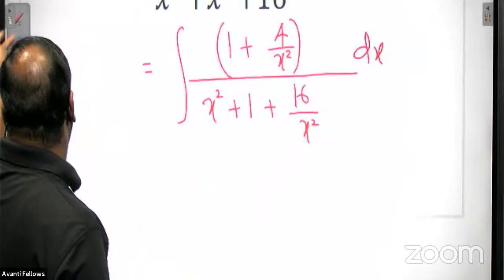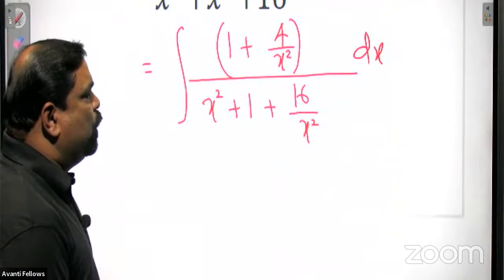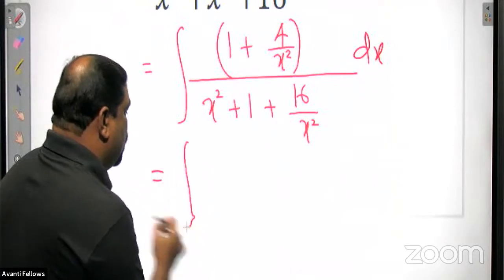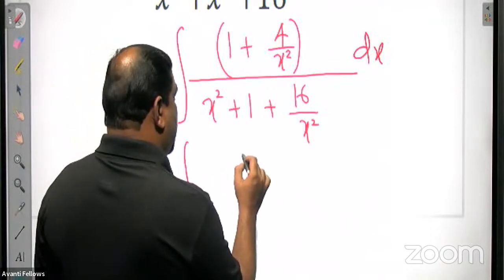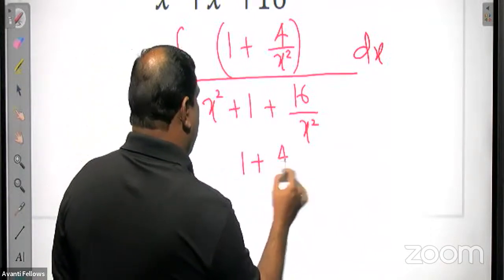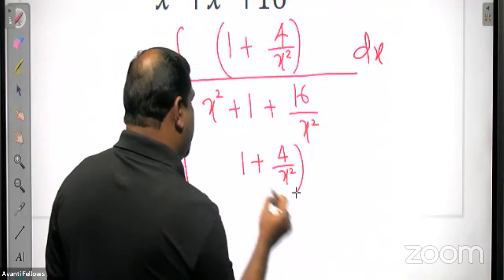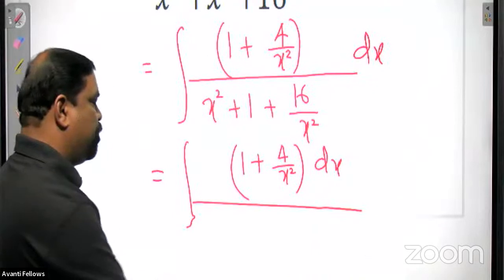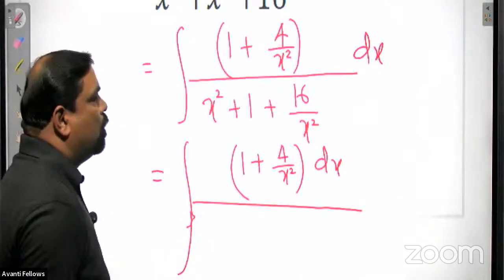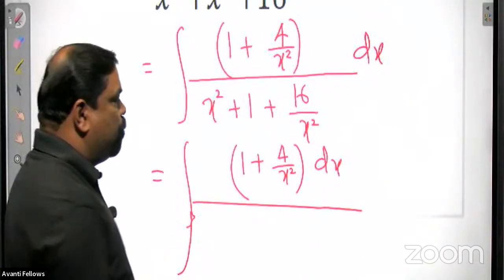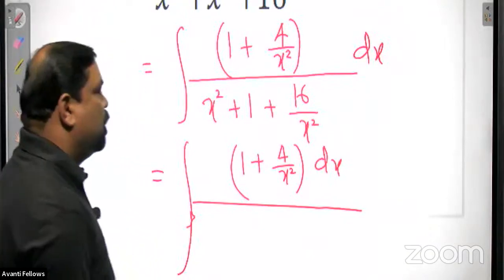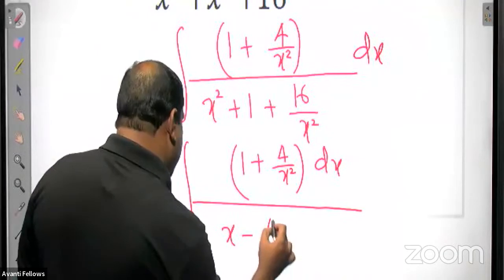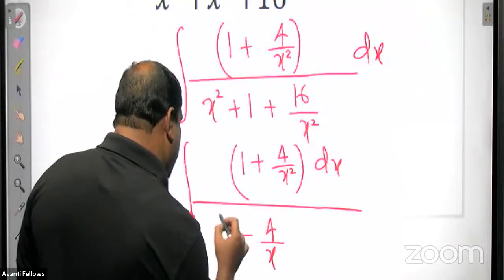So what is the advantage after doing this division? This can be written as 1 plus 4 by x square, no change, upon the denominator, which we can express in this way: x minus 4 by x the whole square.